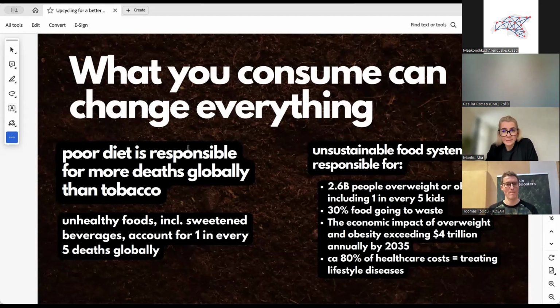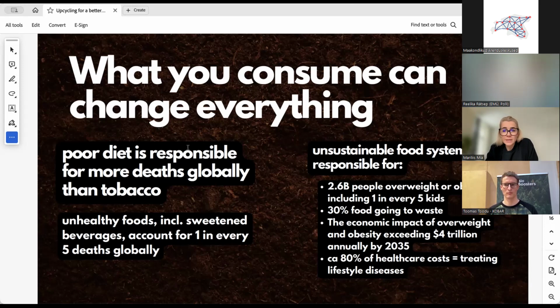Although poor diet kills more people globally than tobacco, consuming too much unhealthy foods, including sweetened beverages, accounts for 1 in every 5 deaths globally. So I think that the need for better foods that contribute to better human and planetary health is not only evident, but it's very urgent. There is 2.6 billion overweight and obese people in the world, including 1 in every child.